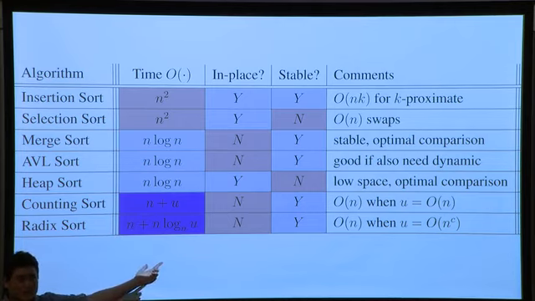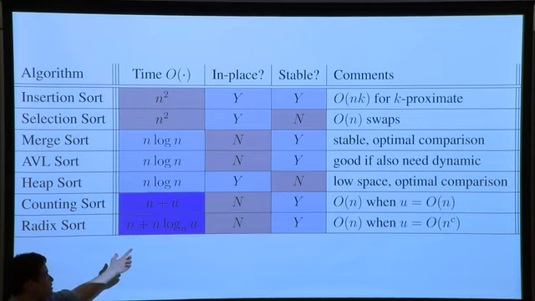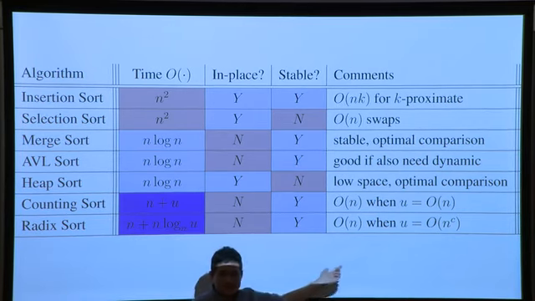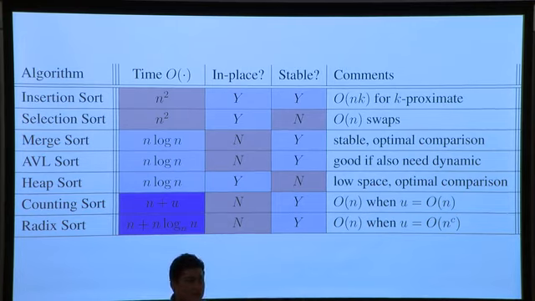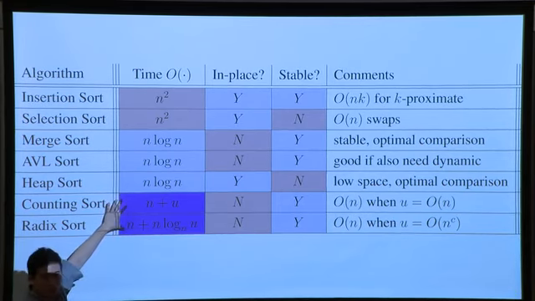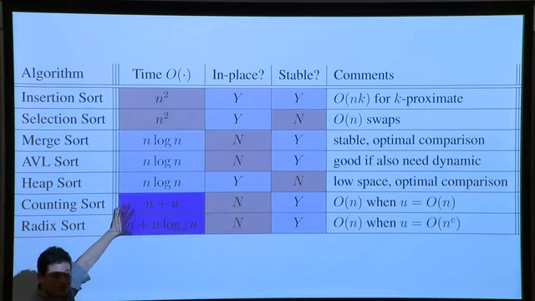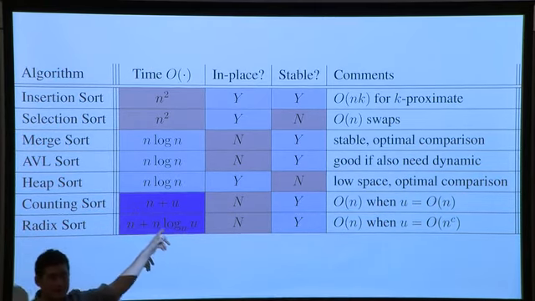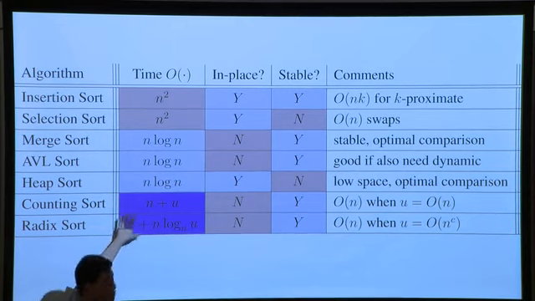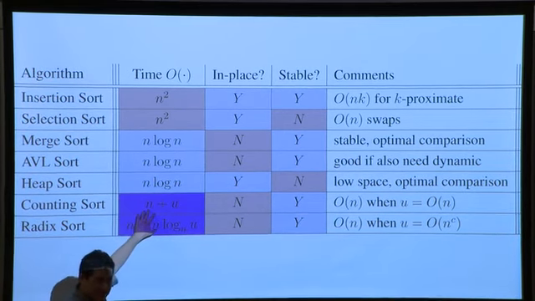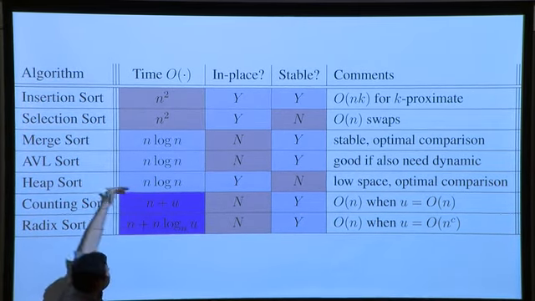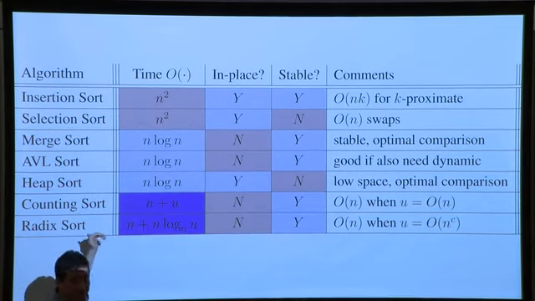Some of them are better for different scenarios, and these comments list some special cases where these things might be better. In actuality, this ultra blue thing is saying this could be linear time, which is better, but in some cases it is worse than all the other things. So be a little wary of this blue color here. Generally, we're trying to get you further down in this chart if you can.